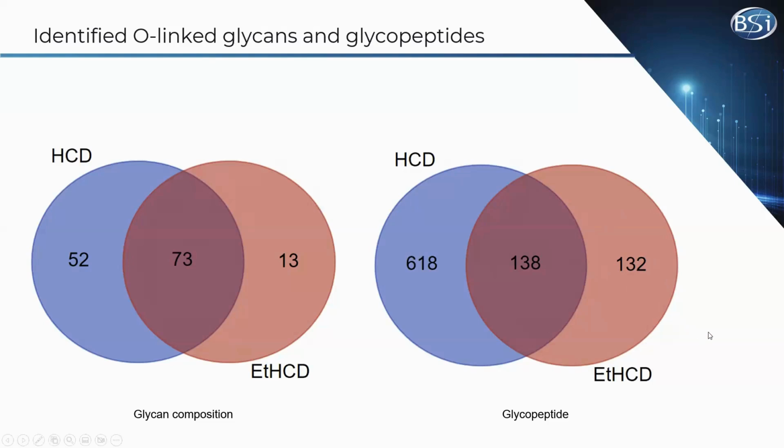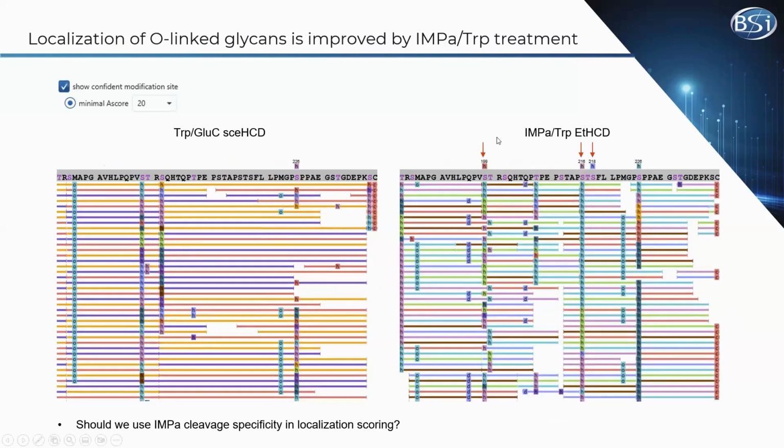And so the point of showing this is not that we need to do ETHCD to drastically increase the identification numbers, but that ETHCD is needed in order to get more accurate localization of these glycans, especially for O-link glycans. So on the left is the protein coverage view resulting from that N-link workflow using the HCD method.